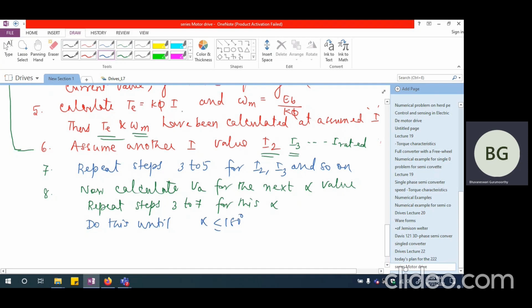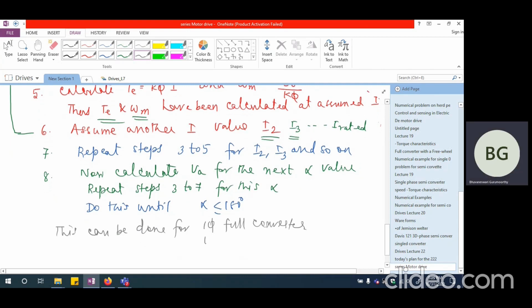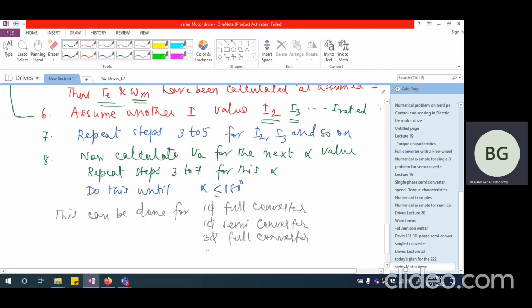A similar thing can be done for single phase full converter, single phase semi converter, then three phase full converter, and three phase semi converter.